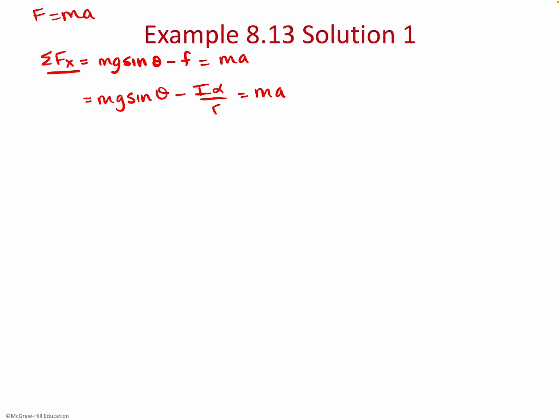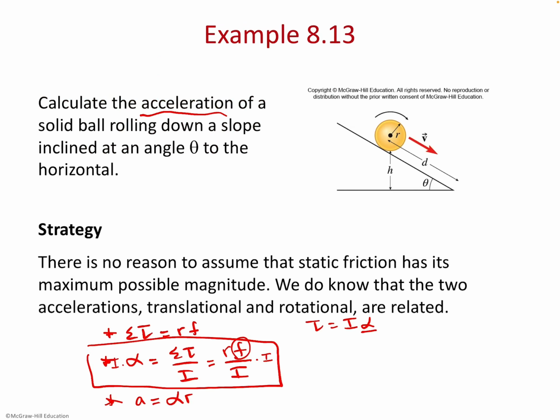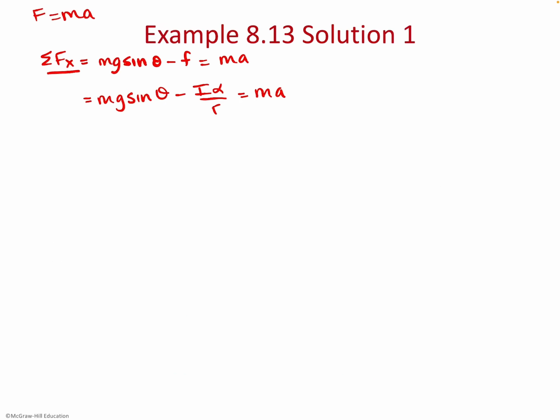Now also remember back on this one that I wrote this out. If I rearrange it to solve for angular acceleration, I have linear acceleration divided by radius. So I'm going to plug that one into this right here.